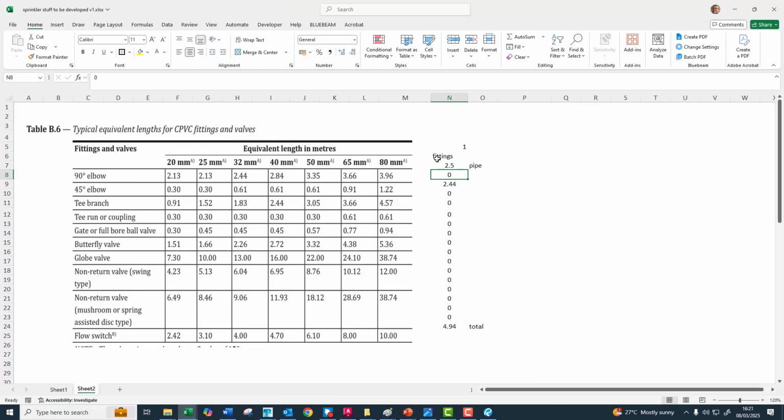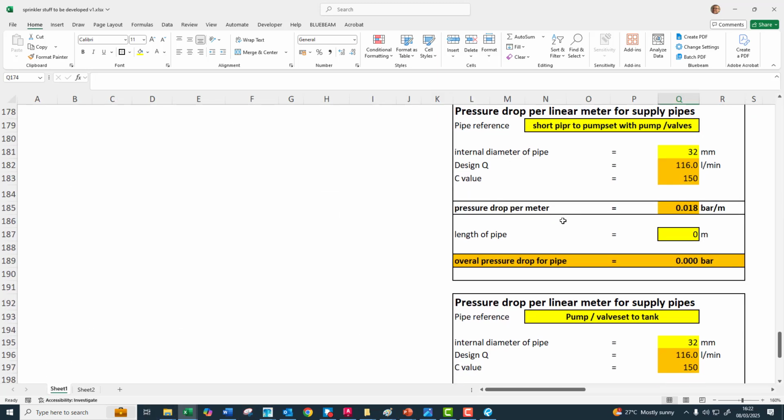We've effectively got 2.5, 26 meters for the isolation valves, 2.4 for an elbow, 9 meters for the non-return valve. So you've effectively got 40 meters of pipe there. We're back onto the short pipe, so that's 40.